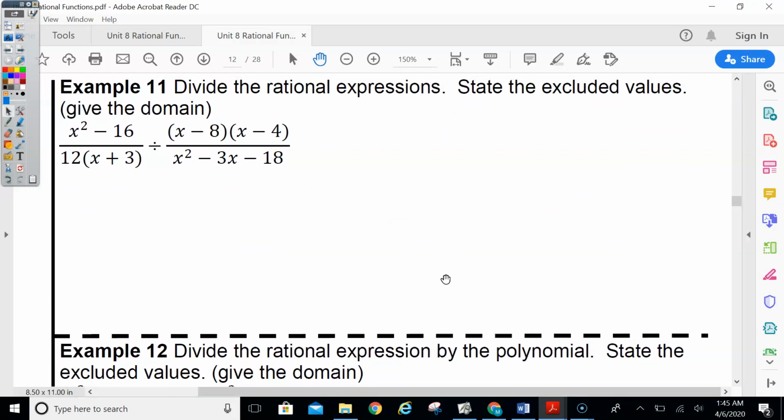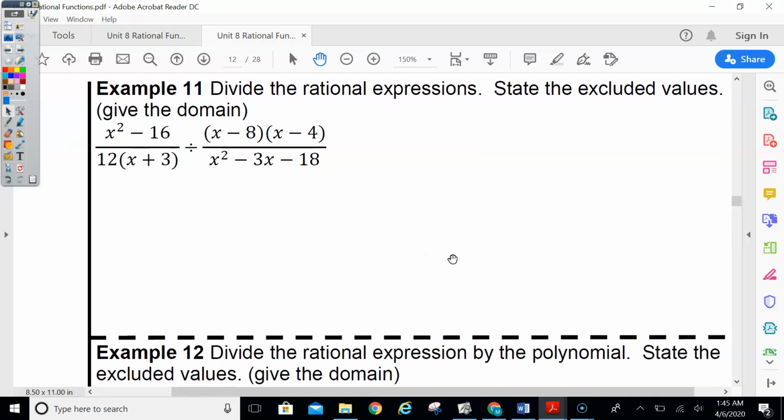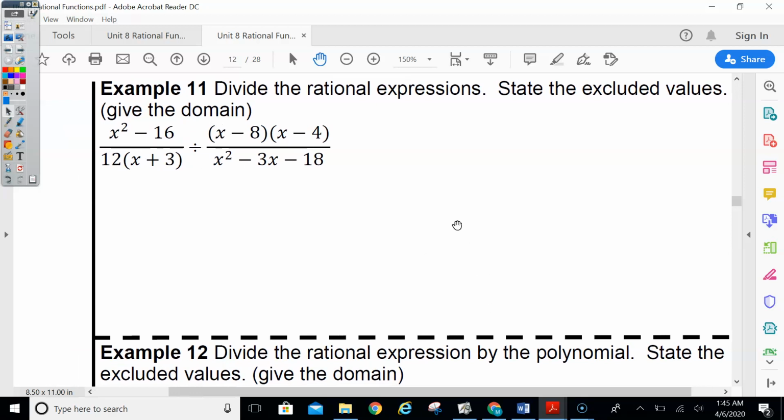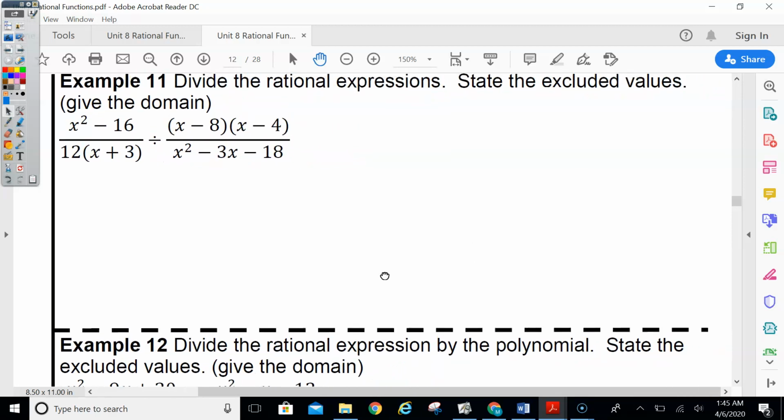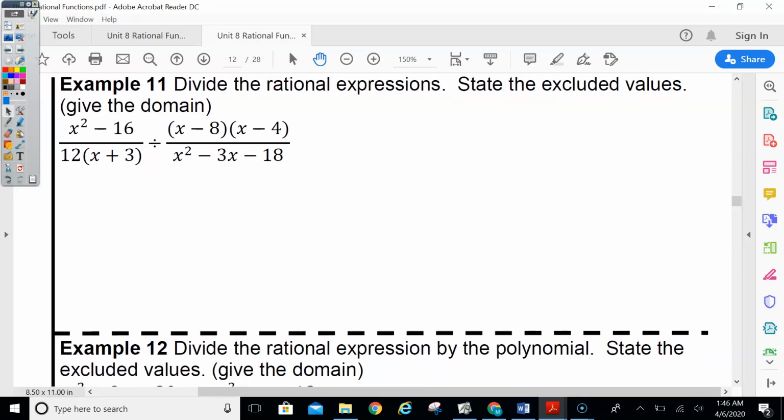And for this one, we're going to have to use the x for a couple of these. Okay, so for the first fraction, if I make an x for the top part here, -16, there is no middle term.